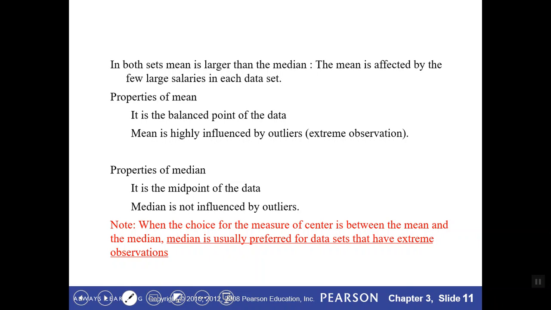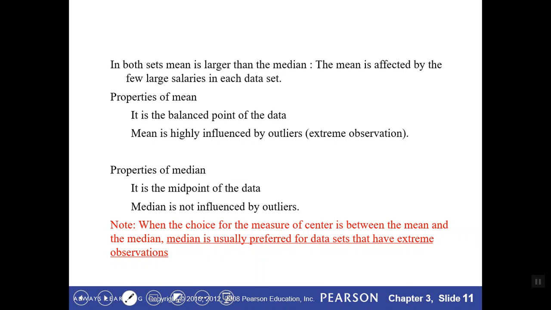So mean is highly influenced because we consider each and every observation to calculate the mean. So it is a disadvantage.